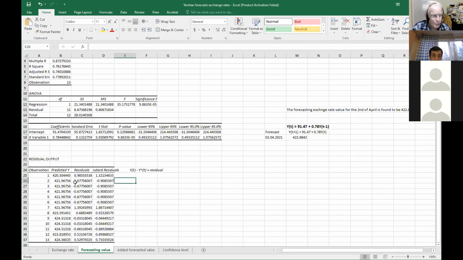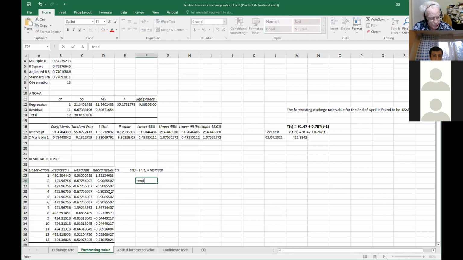And then for year two, we have a negative residual. So what does that mean in terms of understatement or overstatement? This time, the actual exchange rate is above the prediction. So now our model has under-predicted. And it's very interesting to see that in most of our residuals the sign is negative rather than positive.